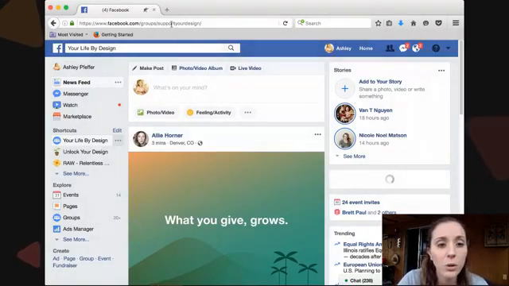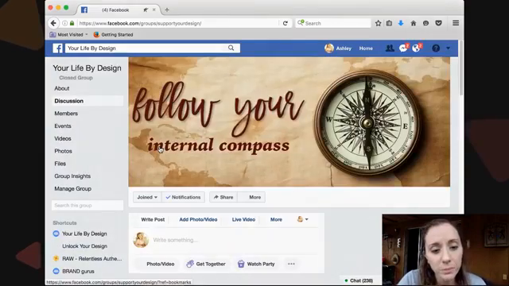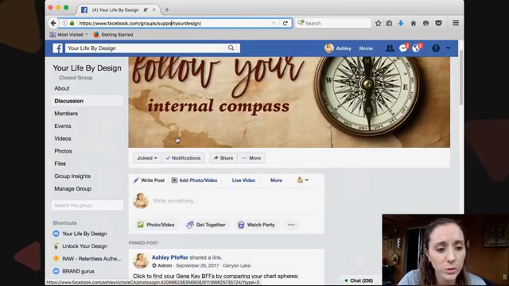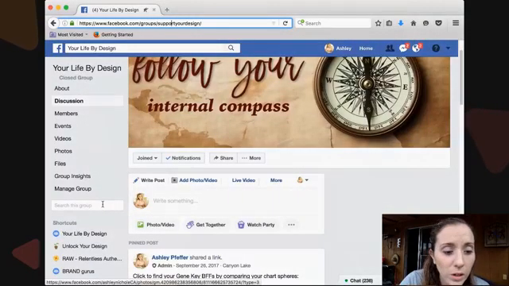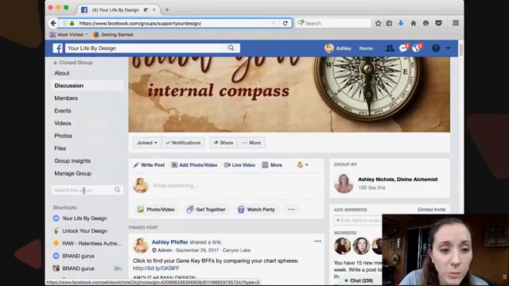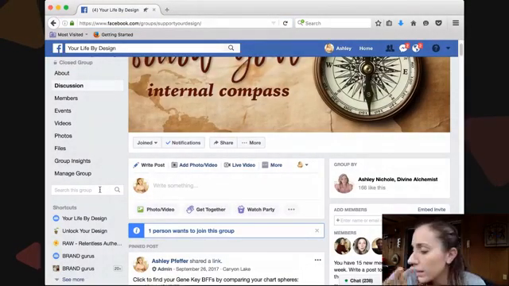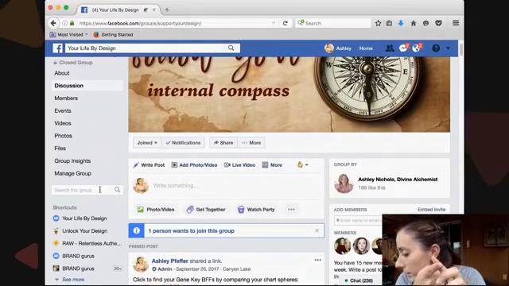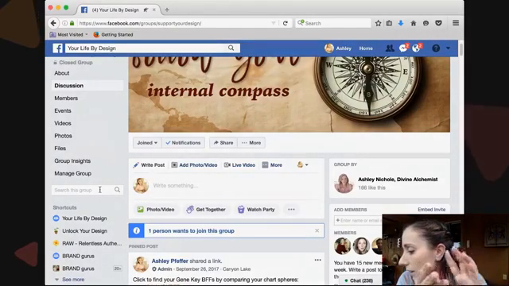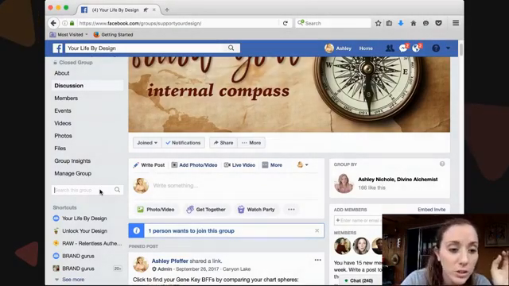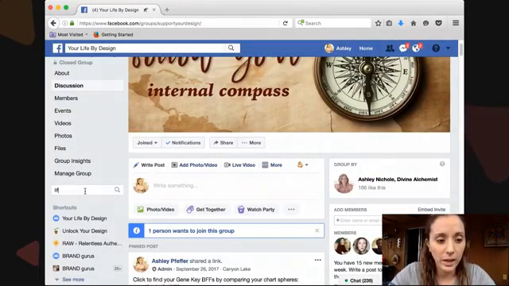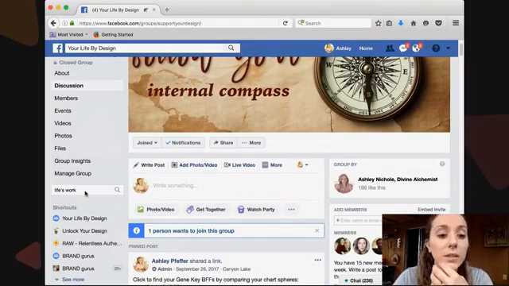Okay, here we go. So what you're going to want to do in our group is, man, I have too many windows open. My internet's like overload. You're going to want to go into this search bar that says search the group. Click on this. And then remember, I only did the purpose, radiance, evolution, and life's work. So you're going to want to type in life's work if you're wanting to dive into the lines.